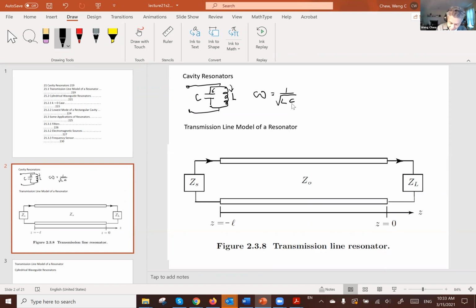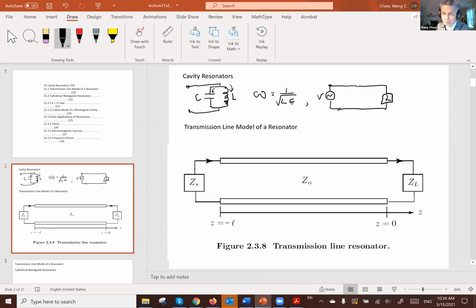Okay, what are resonators good for? You probably have seen that in your undergraduate days. If you have a voltage source and you want to transfer energy to a load, let me call this a Z load, you can transfer the energy from the voltage to the load this way.